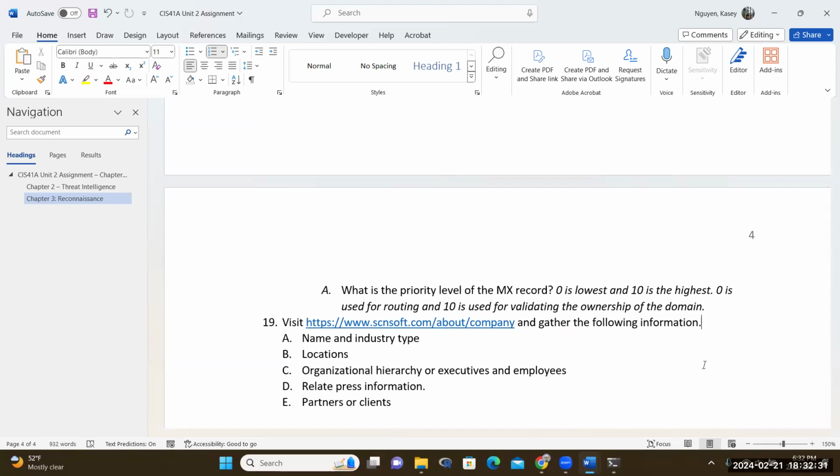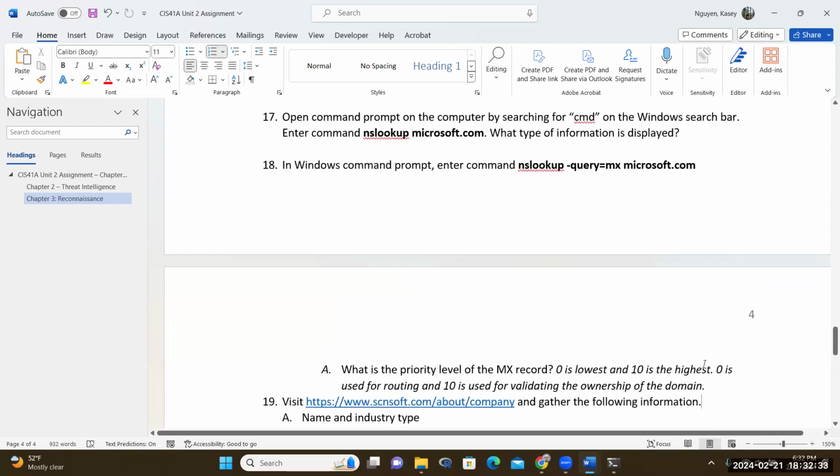So this is a way that we can find information in the Windows command line about a DNS or a domain that is publicly available. We know that Microsoft also has mail servers, hence live.com, outlook.com, microsoft.com, and so on. So that ties back to the DNS.